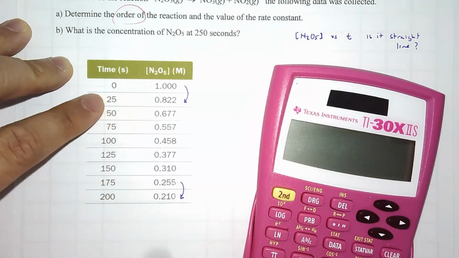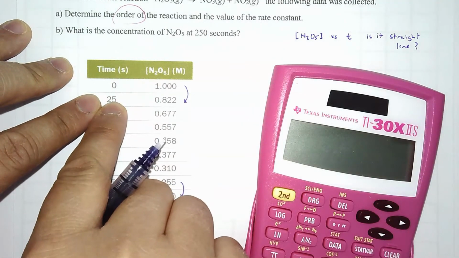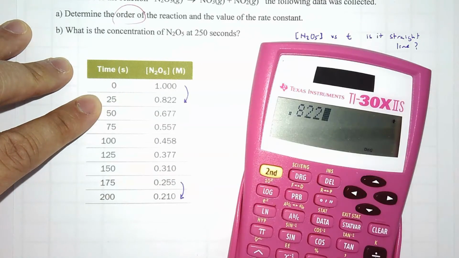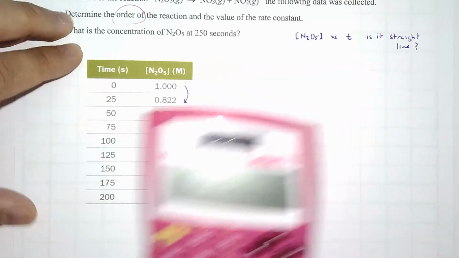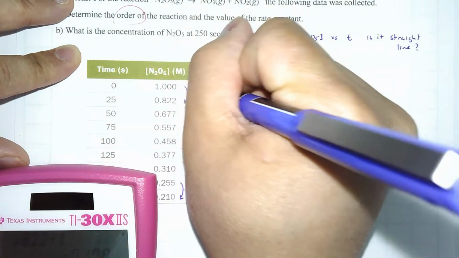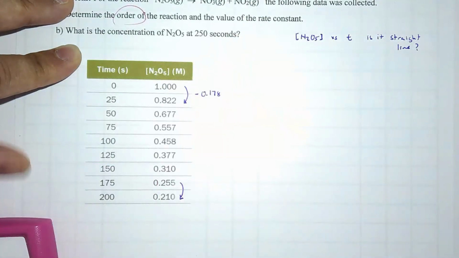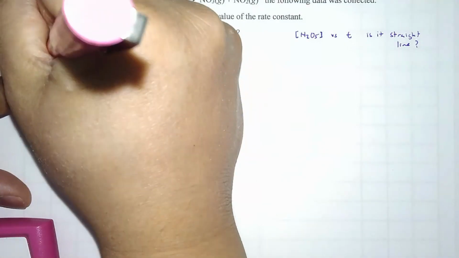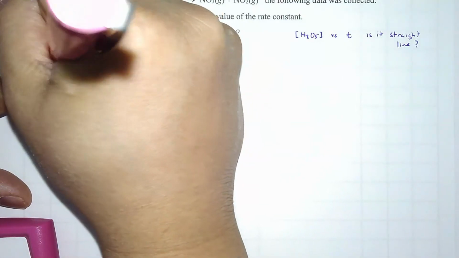I am going to do data point 2 minus data point 1. So this is 0.822 minus 1. So there was a difference of minus 0.178 over the first 25 seconds. Basically what we're doing is looking at rise over run, which is the slope.